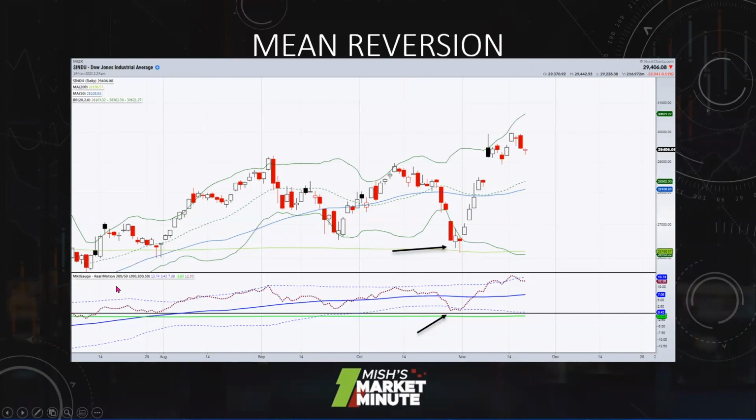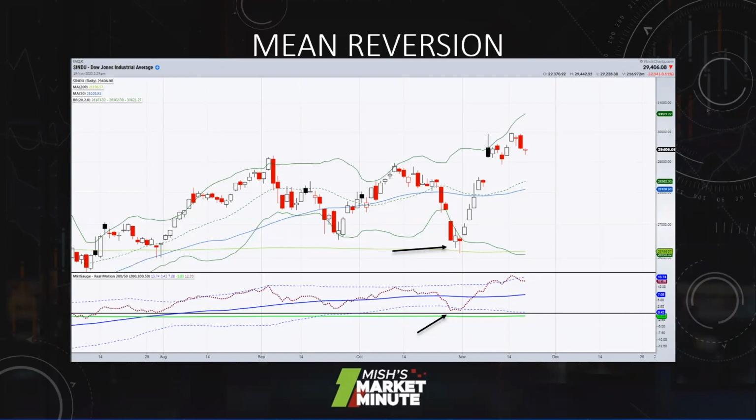Now, in terms of Real Motion, looking with the 200 and the 50-day as the setting, guess what? We're also under the 2 standard deviations on Real Motion. That is really oversold. However, we just don't buy oversold.